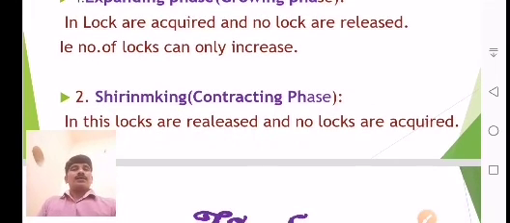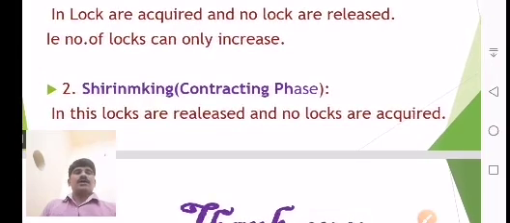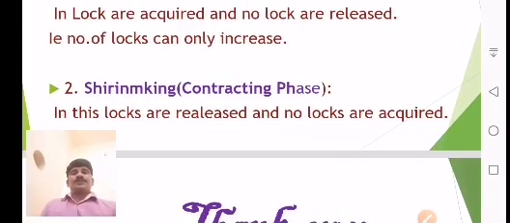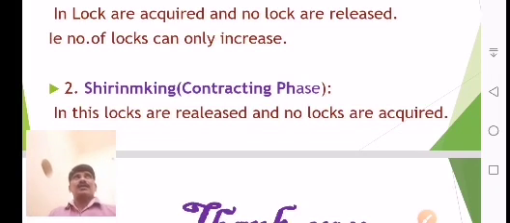In the shrinking phase, also called the contracting phase, locks are released and no locks are acquired. So that is the main difference in two-phase locking. In these two phases, the locks can be activated. That's why you can say these are two-phase locking.